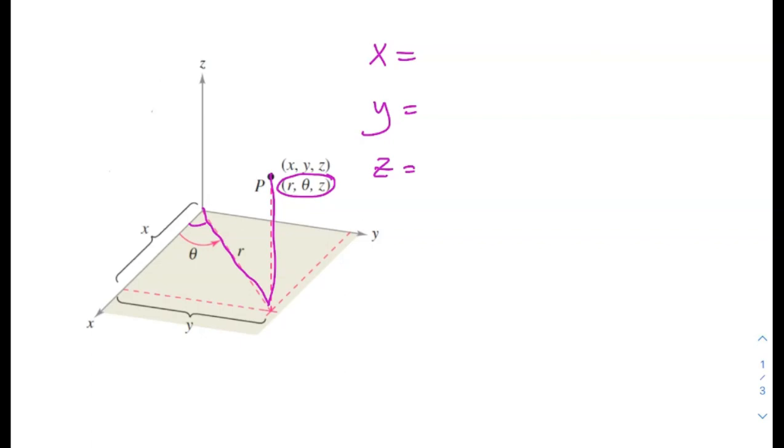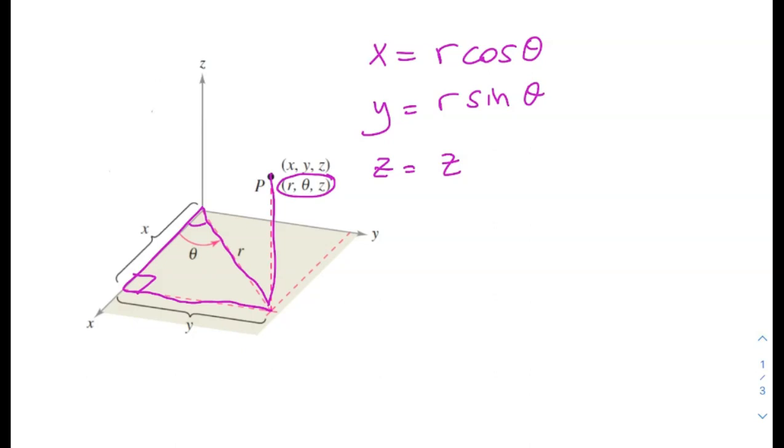If you look at the figure, you'll recognize an important right triangle here at the bottom, and of course we can see that x is equal to r cosine theta, y is equal to r sine theta, and finally z is just equal to z. It wouldn't be the same letter if they were different things. In cylindrical coordinates, z is just the height of the point.